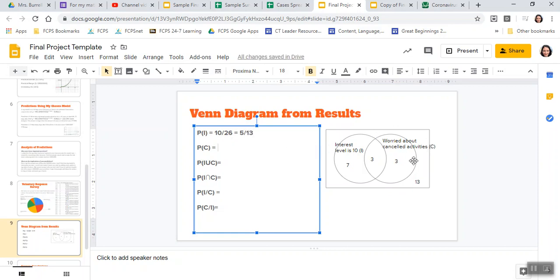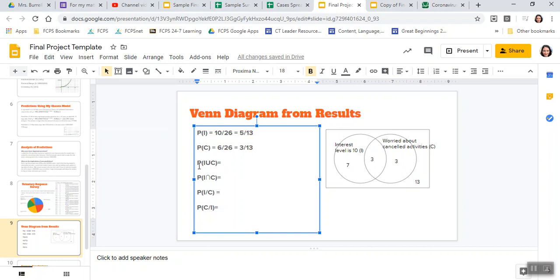Probability that a student is worried about canceled activities is going to be all of the students in this circle, which is 6 students, out of the total number of students, which is 26. And then I can simplify that fraction to 3 out of 13. This is the probability of the union of I and C. That means the probability that a student's interest level is 10, or they're worried about canceled activities, or they're both.